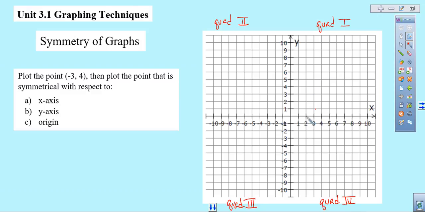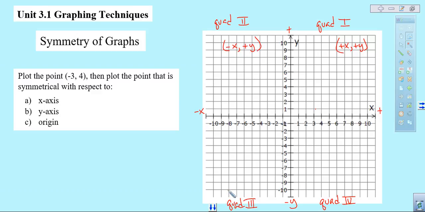Okay, remember when you plot on the x-axis, these are going to be positive x's. This will be negative x's. These will be positive y's, and these will be negative y's. So in this quadrant right here, you're looking at ordered pairs that are going to be positive x's and positive y's. When we come over to quadrant 2, will be negative x's and positive y's.